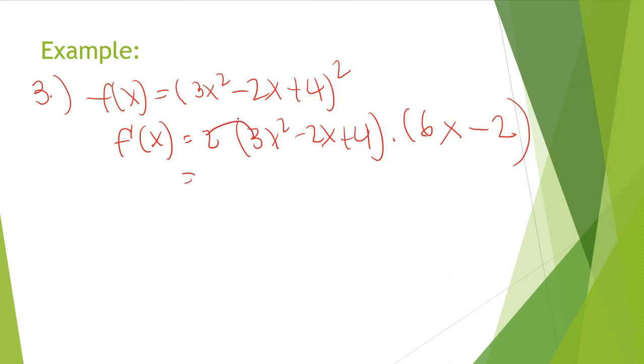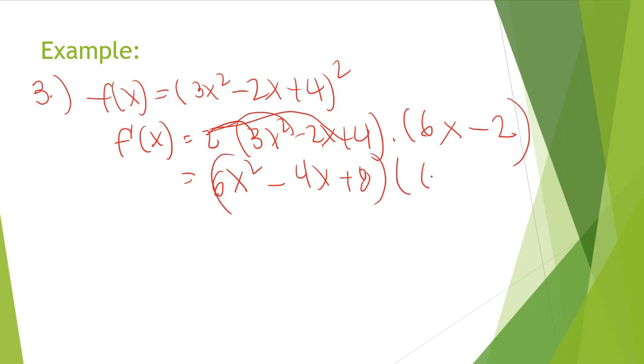Now, we distribute 2 to the polynomial. We have 6x squared minus 4x plus 8 multiplied by 6x minus 2. Now, we multiply. We have 6x squared times 6x will give us 36x cubed. Then, negative 4x times positive 6x will give us negative 24x squared.